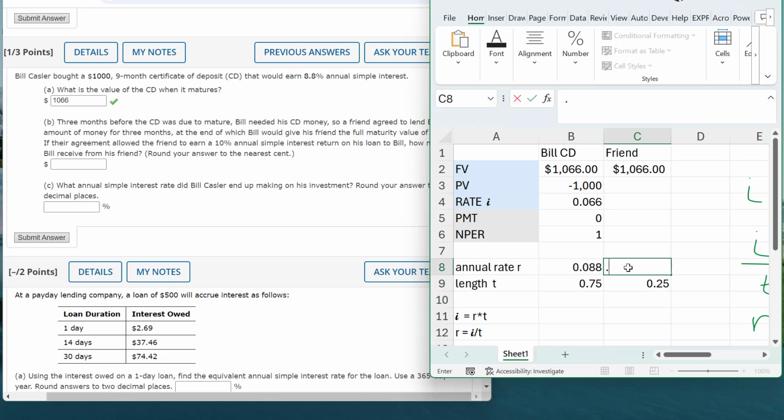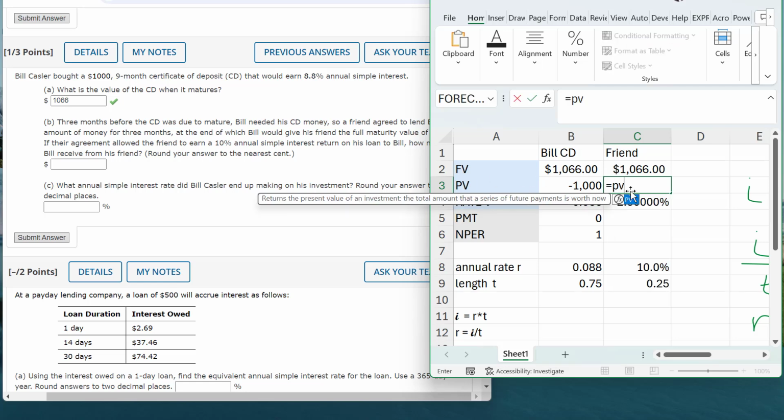The friend is going to earn 10% simple interest, so his rate per period, 10% times 1/4, he's going to earn 2.5%. How much should he pay to Bill? That's a present value. The friend should invest in Bill right now.